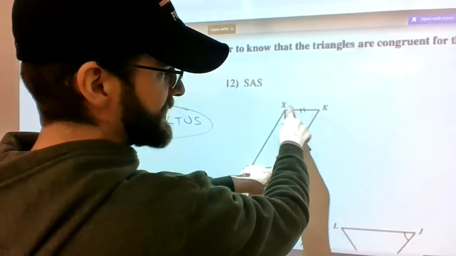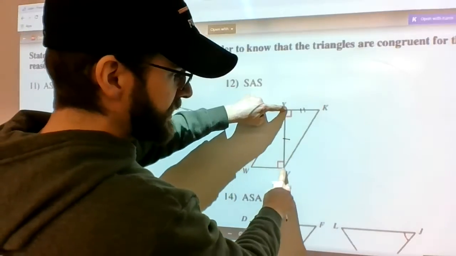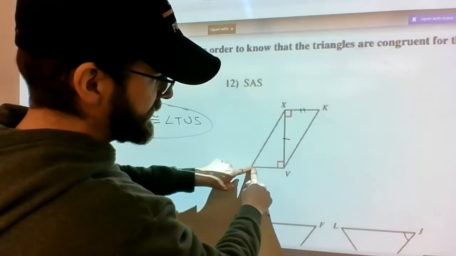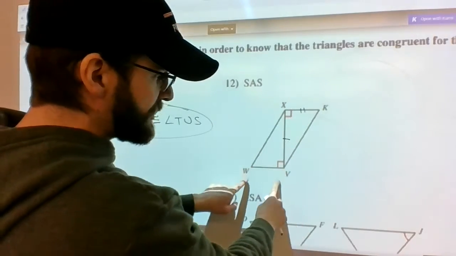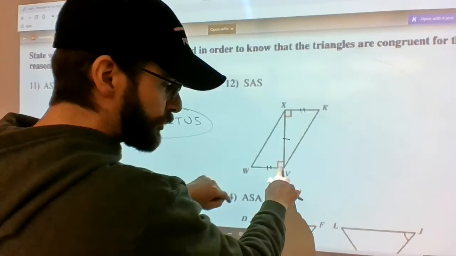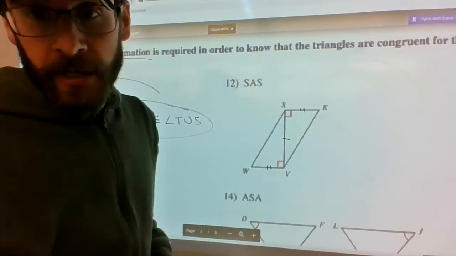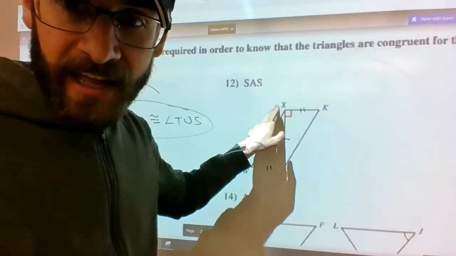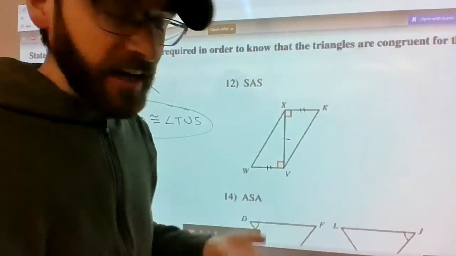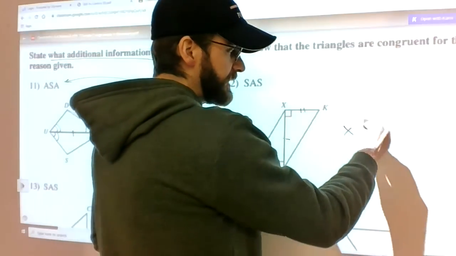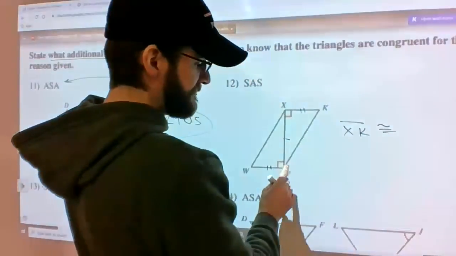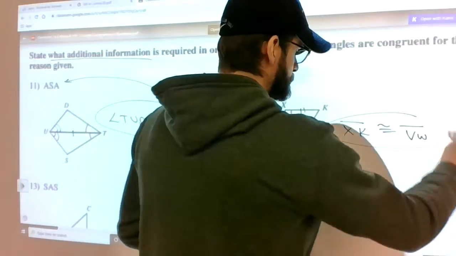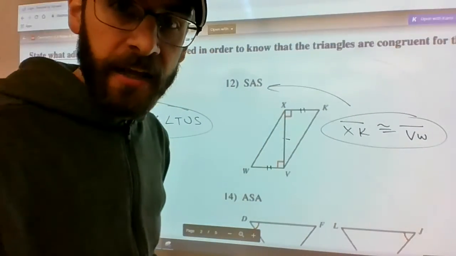So you see how XK and XV together they create that 90-degree angle? You're trying to do the same thing down here. XV with WV creates that right angle. So it can't be XW and KV to create side angle side. It's got to be XK has to be congruent to VW.